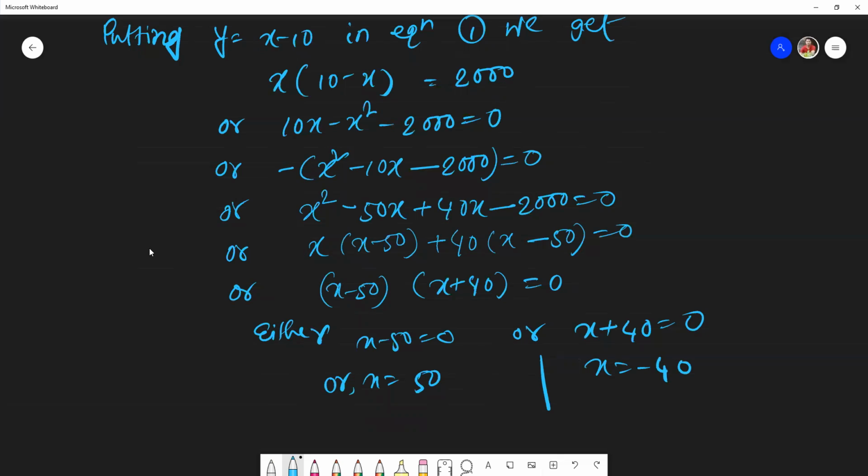Here the negative value is not acceptable. x equals minus 40 is a negative value, which is not acceptable.